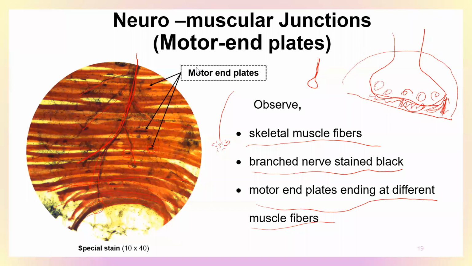Right, a lot of questions. Just see, last slide I explained. The smooth muscle cells are tapered and the cells are not bifurcated.